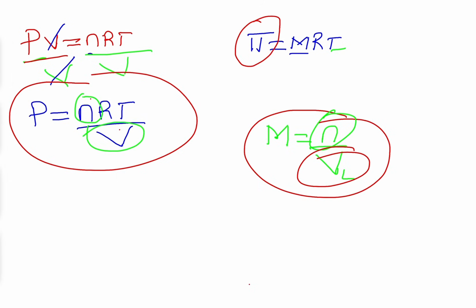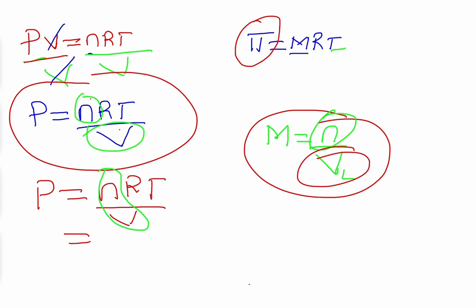So we can now replace them with what? Molarity. So we can rewrite this equation: n times R over V can now be replaced as capital M. We maintain this pressure right here. So M times R times T. So this becomes the osmotic pressure formula.